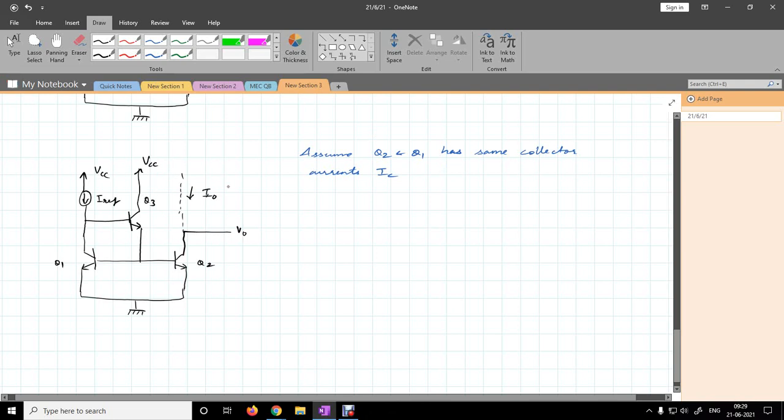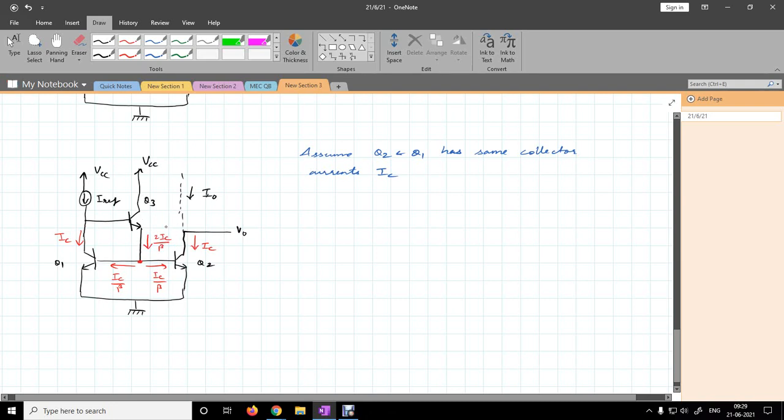So if this I naught is IC and this is IC, okay, these two currents, the base currents, will be IC by beta. Correct? This will be IC by beta, because IC is beta times IB. So IB is nothing but IC by beta. So the base currents will be IC by beta. So if you apply KCL at this point, this current will be 2 IC by beta. Right?